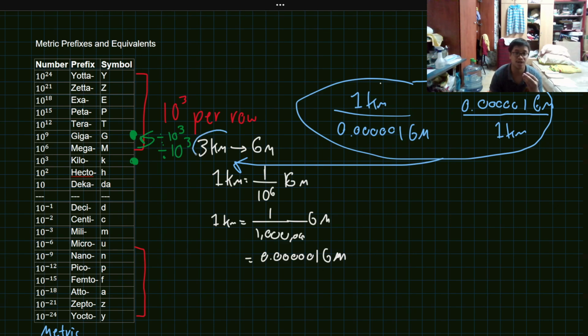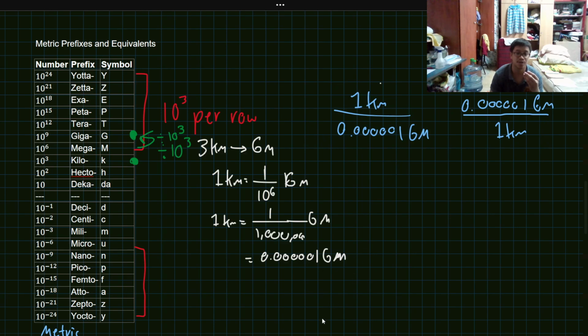So the answer is what? Sorry. The answer is the second fraction. Because if you use the second fraction to multiply 3 kilometers, the kilometers will be cancelled. So 3 kilometers times 0.0000001 gigameter all over 1 kilometer.